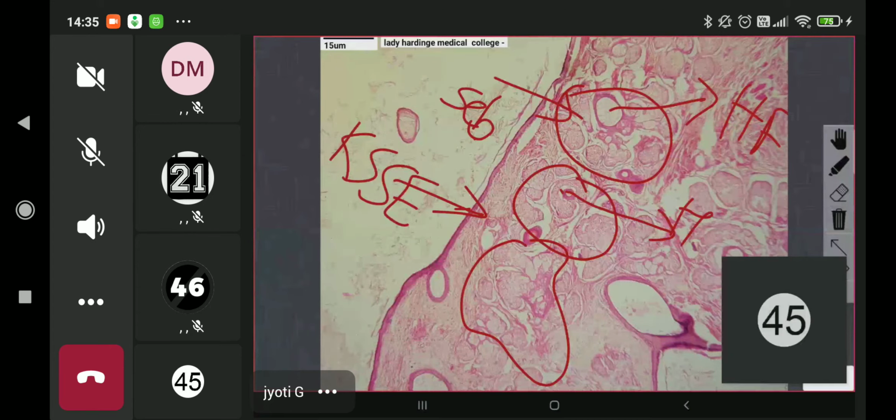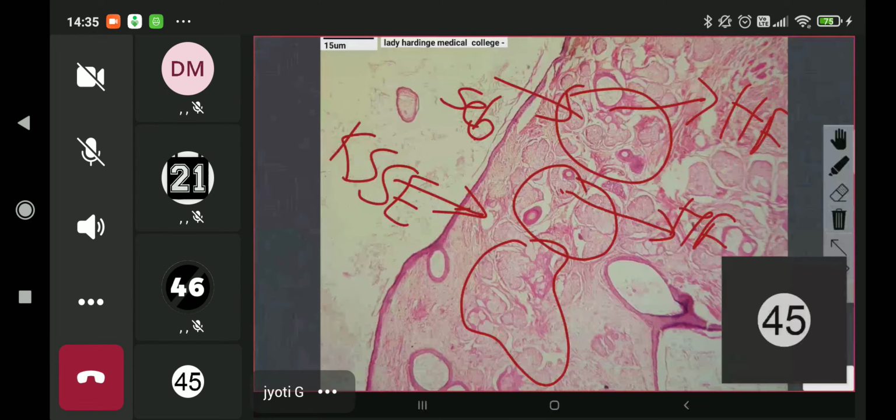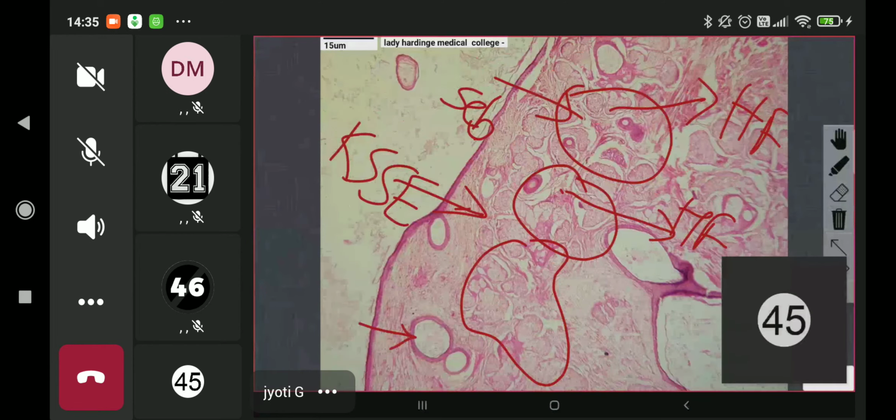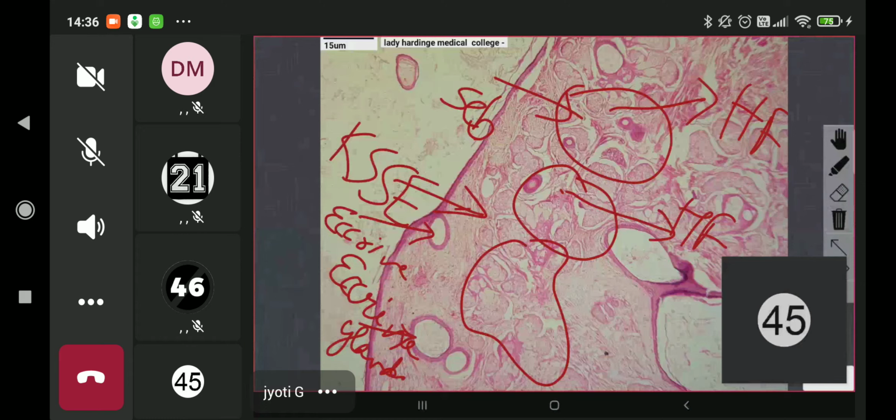And these are likely eccrine type of glands or ducts. This is opening into the skin. So these are all appendages, skin appendages, right? So you are seeing tissue derived from only ectoderm and you are seeing skin-like tissue.